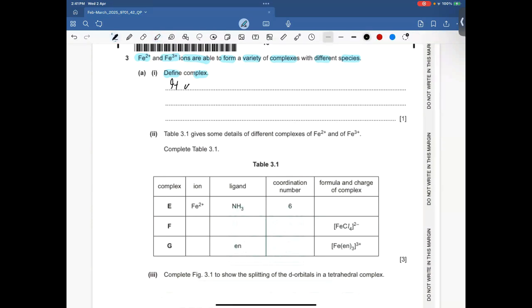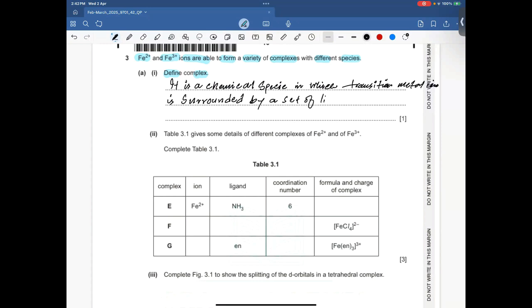It is a chemical species in which a transition metal ion or atom is surrounded by a set of ligands through dative bonds.